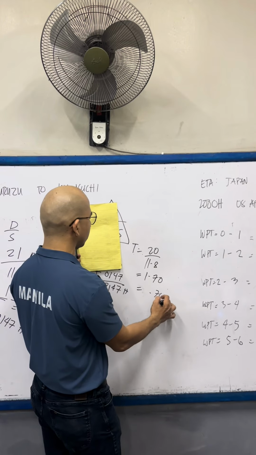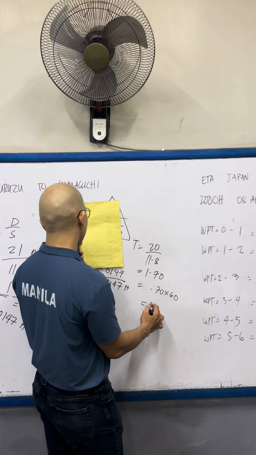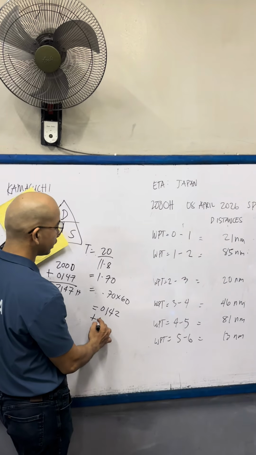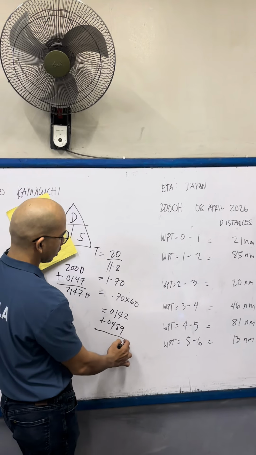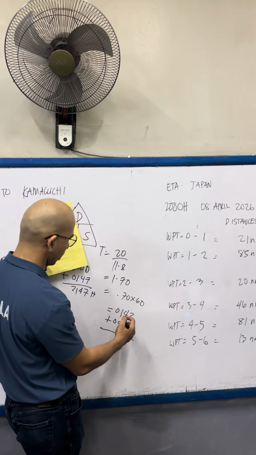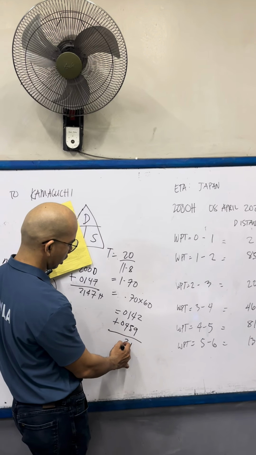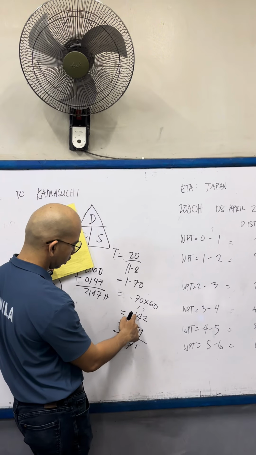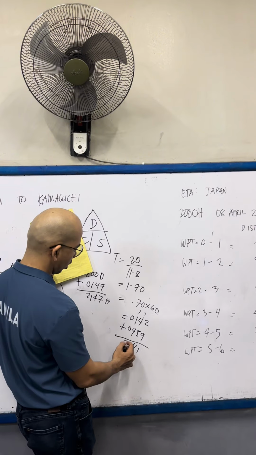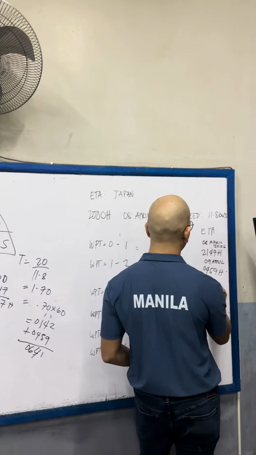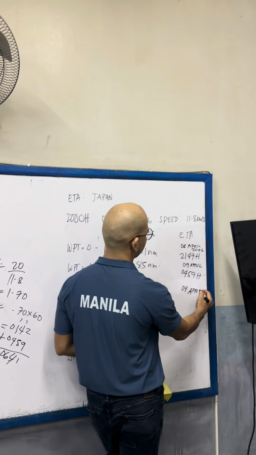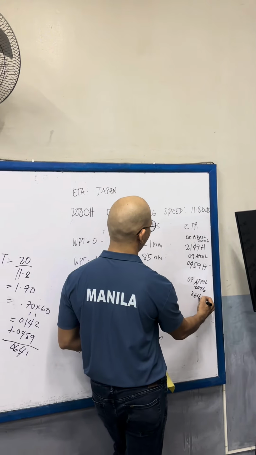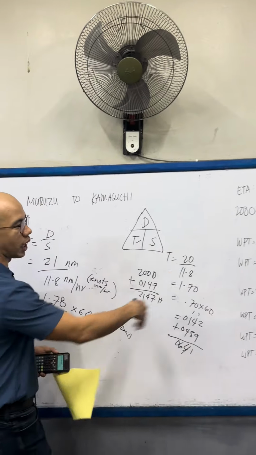The 0.70 times 60 again is 0142. Add that to 0459. Adding up, that is 06:41 on 09 April 2026. That's the process until we reach the end.